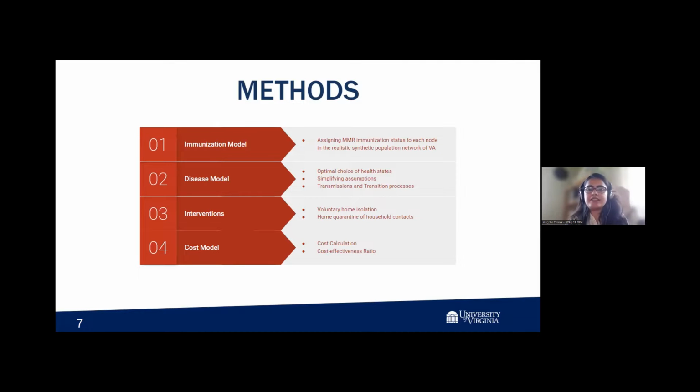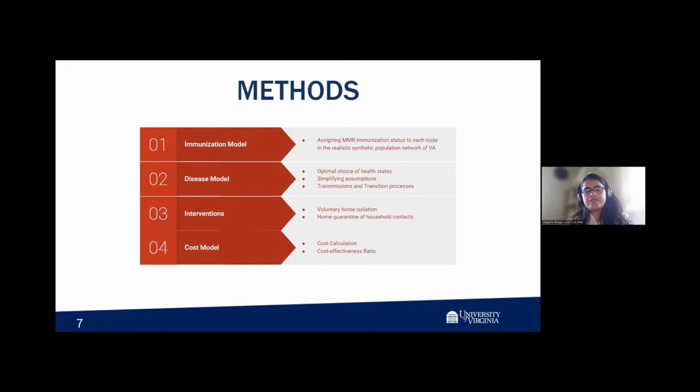That means assigning, for each node, whether the person was vaccinated or not in the duration of the simulation. Then there's the disease model, where we go into more detail, but we do a 365-day run of how a single importation of a case will spread.